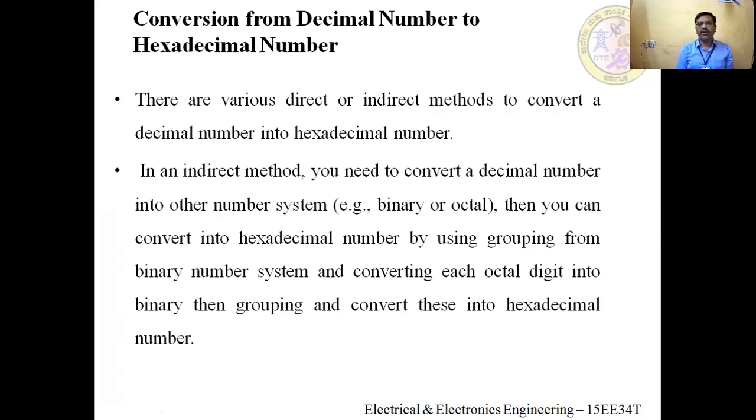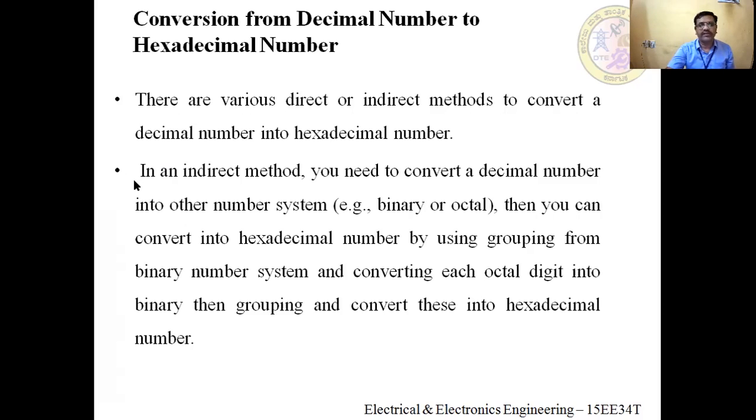I hope that will be the complicated one. So in the direct method, you successively divide the given decimal number by 16, in the same way as we divided by 2 in the decimal to binary conversion. So here I want to explain the indirect method of conversion from decimal to hexadecimal.